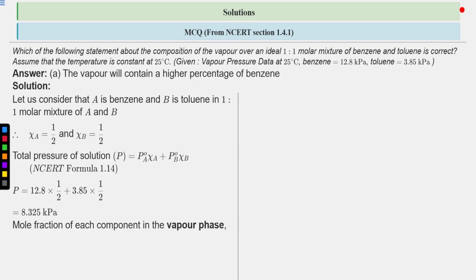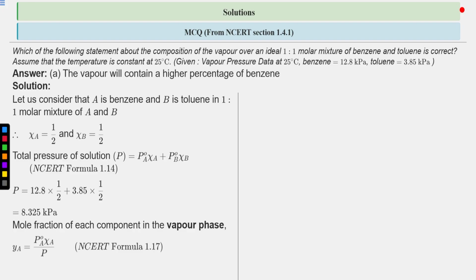Now, the mole fraction of each component in the vapor phase. This vapor pressure we just calculated is for the solution in the liquid form. Now, if you find the mole fraction for each component in the vapor phase, what will the calculation be?